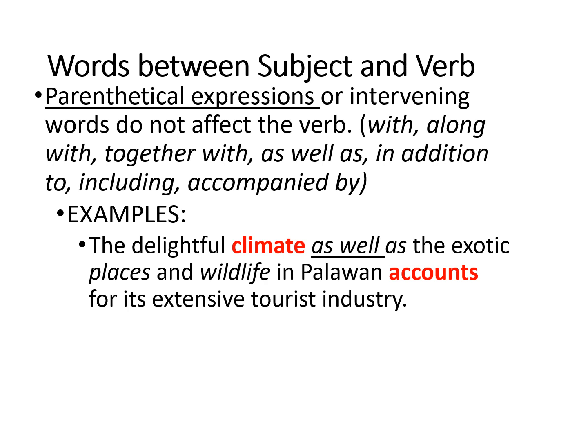Now, every time you see these intervening words, make sure to remember the rule, okay? The parenthetical expressions or these intervening words should not affect the relationship or the agreement between the subject and its verb. Let's take a look at the example sentence.